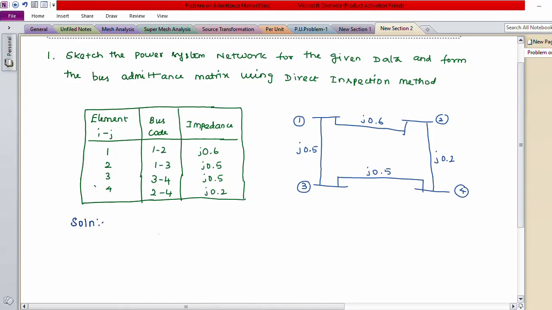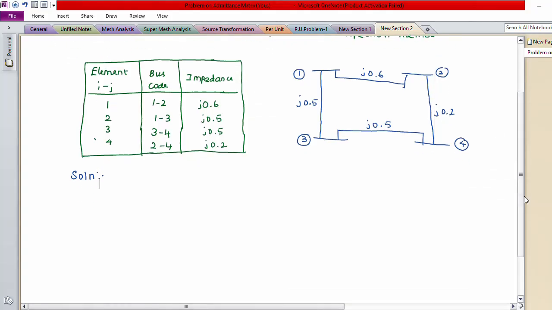Now, we can form the diagonal elements first, then we can form the off diagonal elements. Now, diagonal elements. So totally we are having 4 buses, so we will have 4 diagonal elements, that is y11, y22, y33, y44.